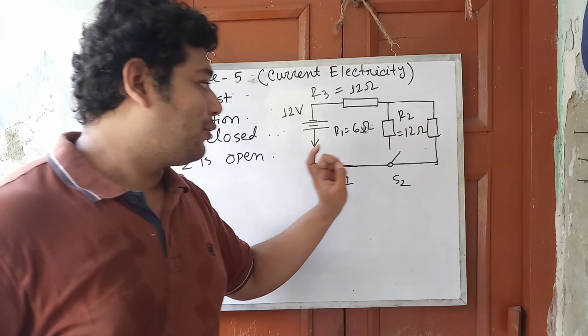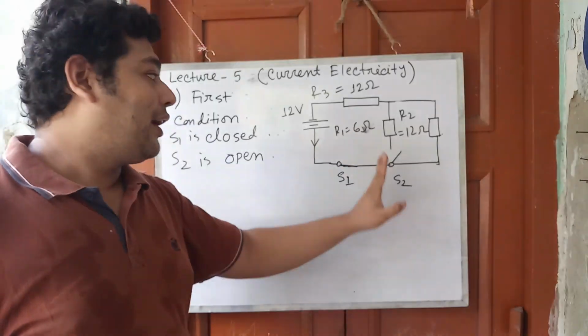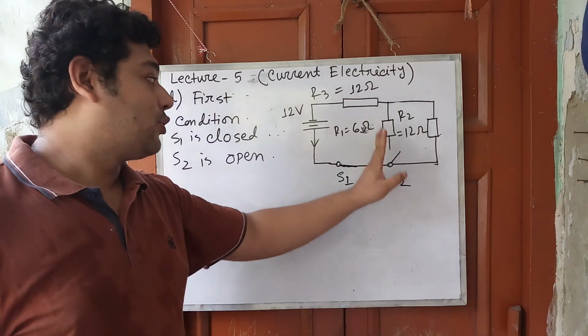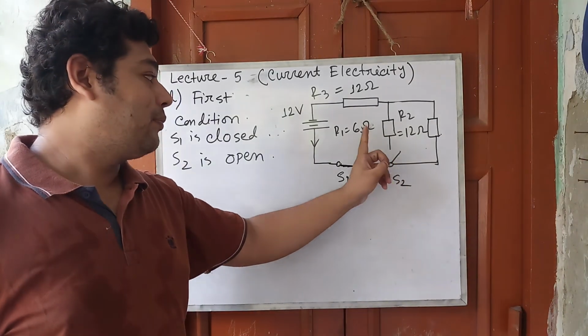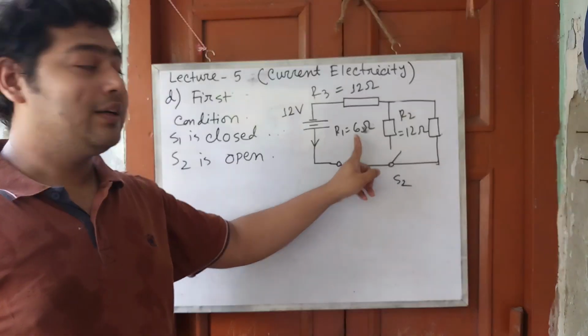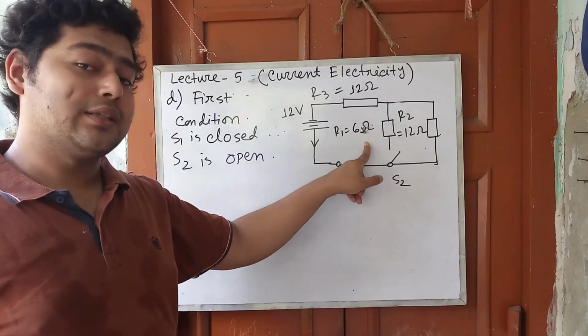If S2 is open, no current will pass through the R1 resistance, the 6 ohm resistance.